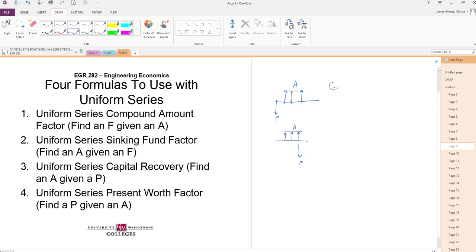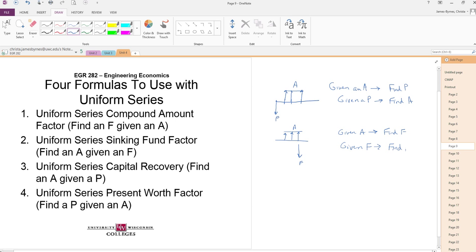We could be given an A and need to find a P. We could be given a P and have to find an A. We could be given an A and find an F, or we could be given an F and find an A.